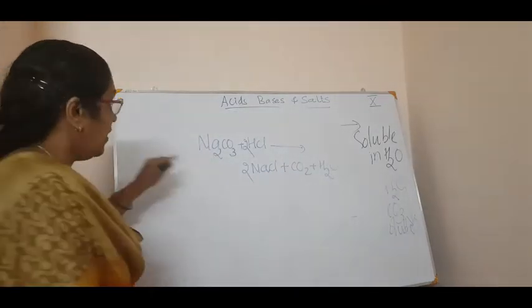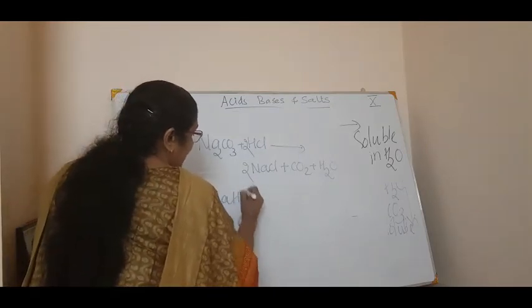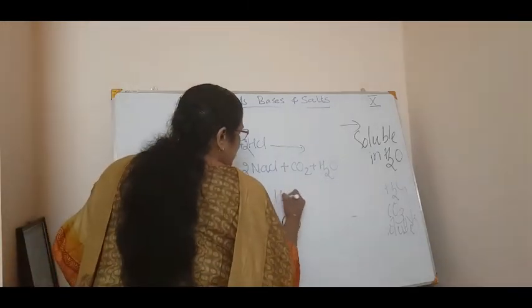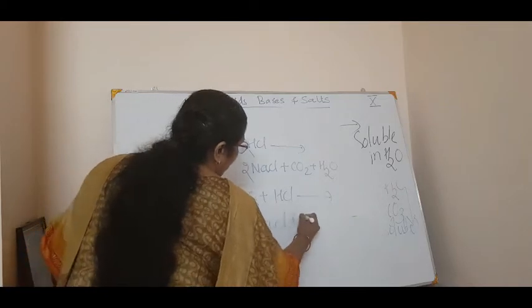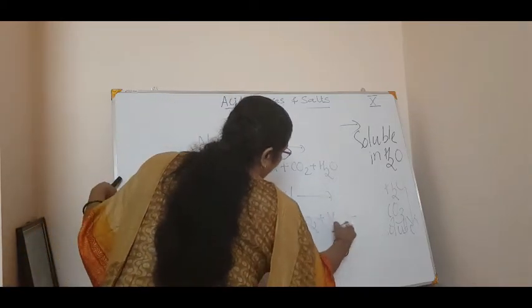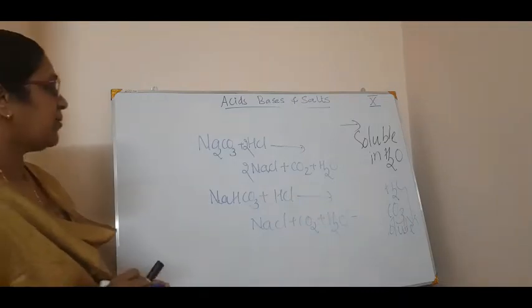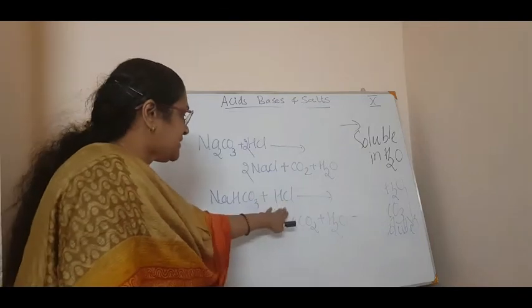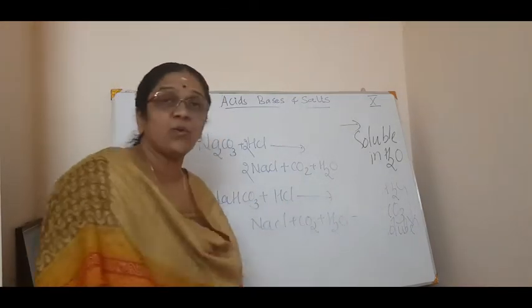Correct? Okay. Now, a bicarbonate, for example sodium bicarbonate, with the same acid. Then you will get sodium chloride plus carbon dioxide plus water. See the reaction? Sodium bicarbonate plus HCl. That is, a bicarbonate plus an acid will give you the corresponding salt plus carbon dioxide plus water.